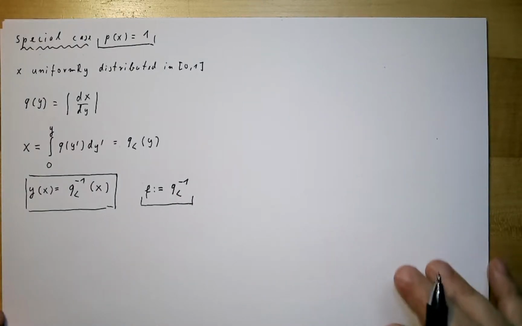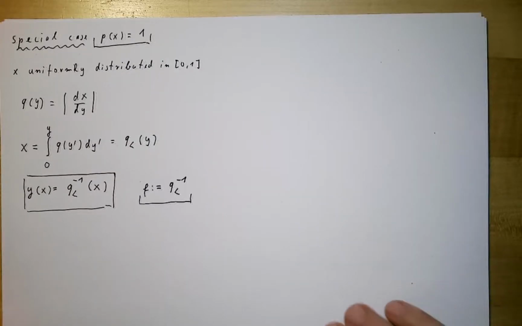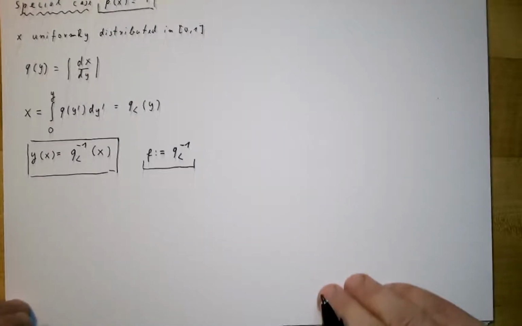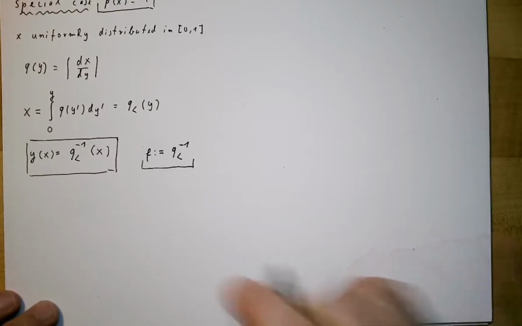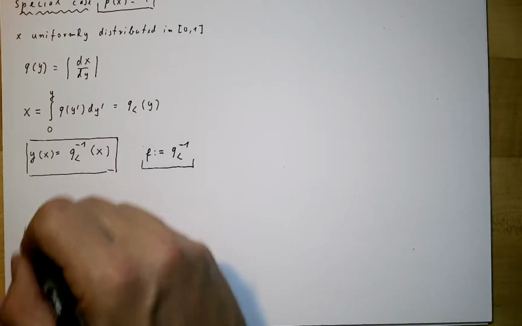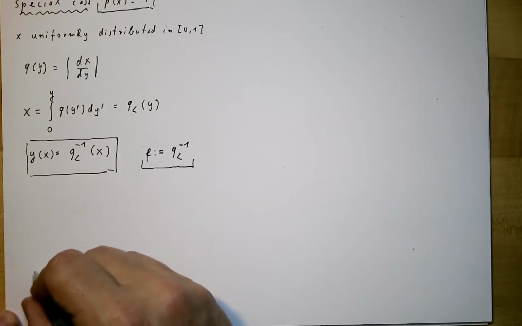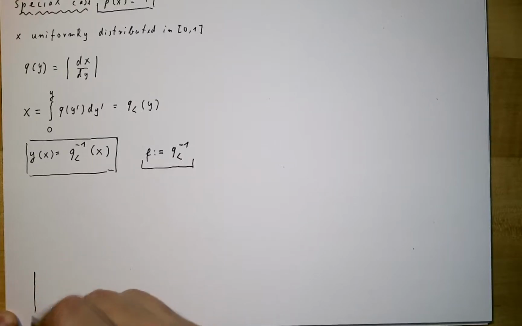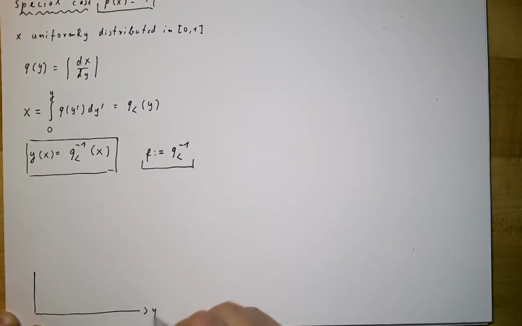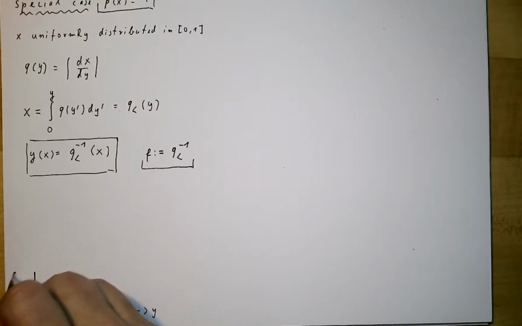And we can also get a better intuitive understanding for this, and we can learn something here in general, that goes beyond the application to generate random numbers. Let's say we have here our continuous probability density, q of y.